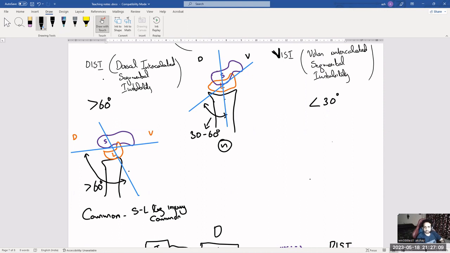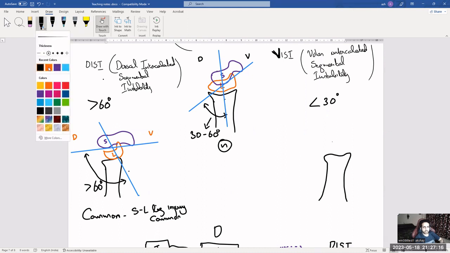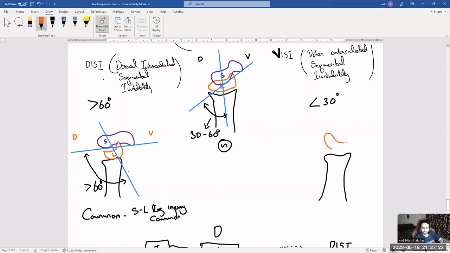And what happens in VISI? This is the radius. Then the lunate will tilt volar. This is the lunate, it has tilted volar. This is the volar aspect, and this is the dorsal aspect.